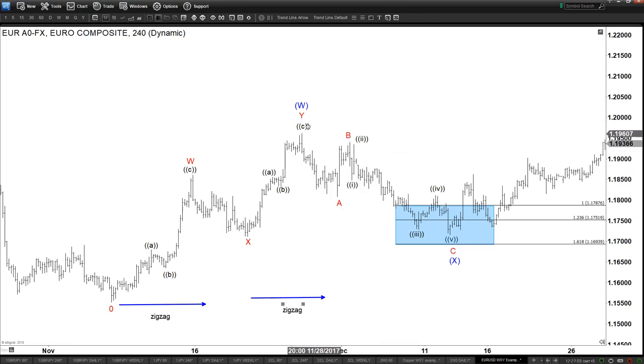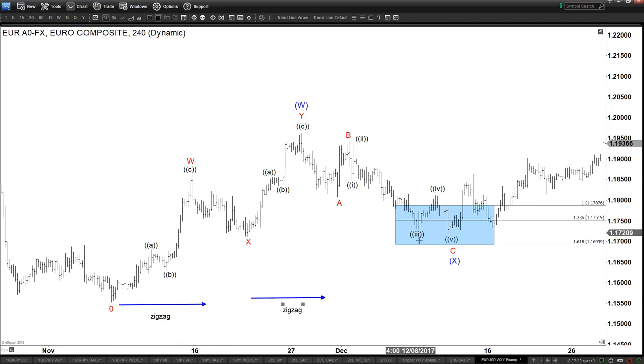Again, if you have not seen our video on the flat, you can watch it, but this is an example of a regular flat in which the B is retracing the A, and then the C leg is in 5 waves. So we got this 1, 2, and then 3, 4, and then 5 here, right? So we got this ABC 3 waves correction in response to this upside here.